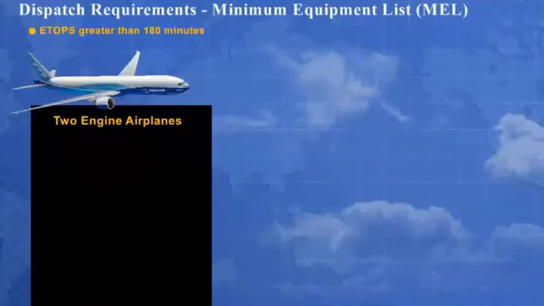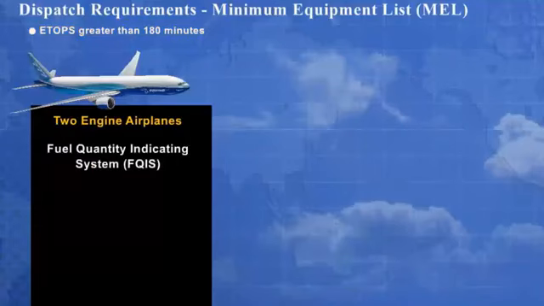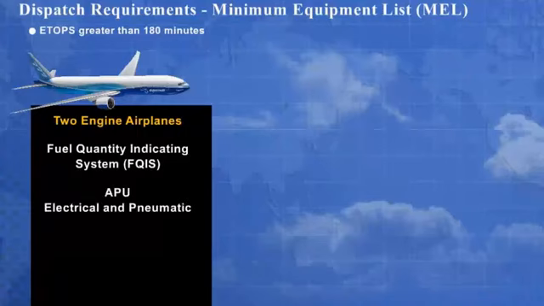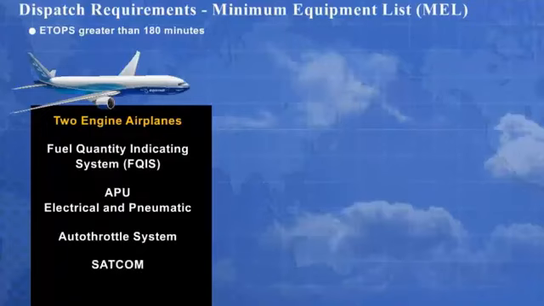For ETOPS greater than 180 minutes on a two-engine airplane, certain additional systems must be operative at dispatch. These systems include the Fuel Quantity Indicating System, the APU electrical and pneumatic functions, the Auto Throttle System, and a second long-range communication system, such as SATCOM.